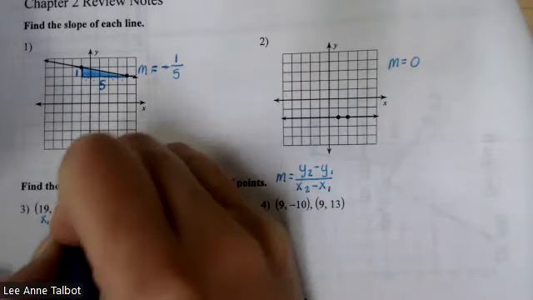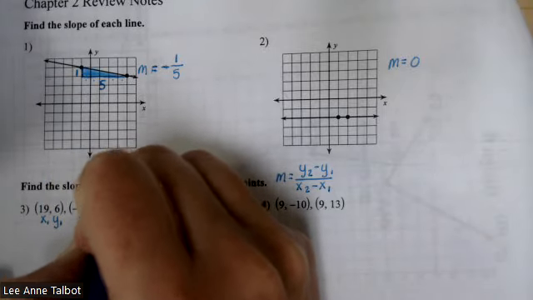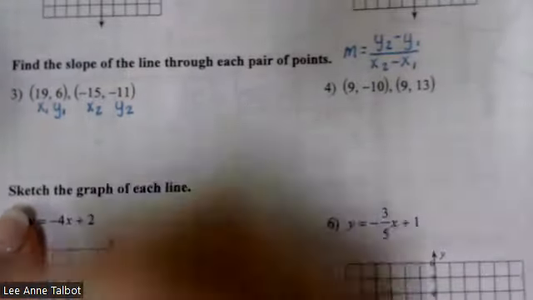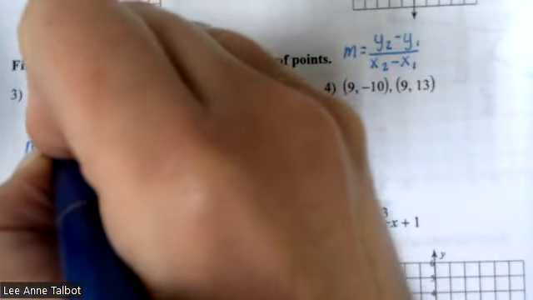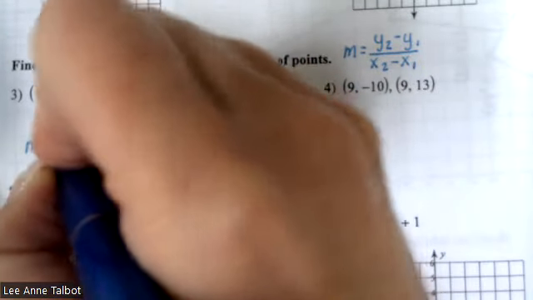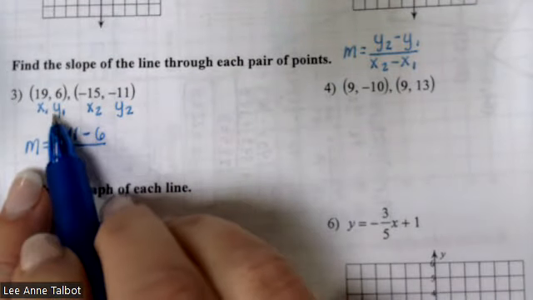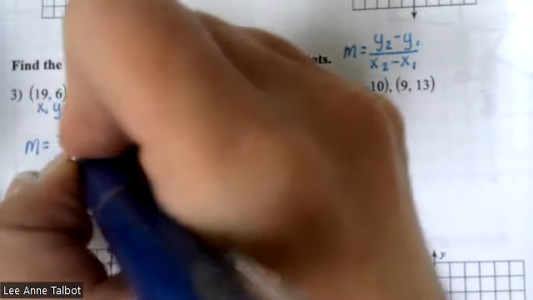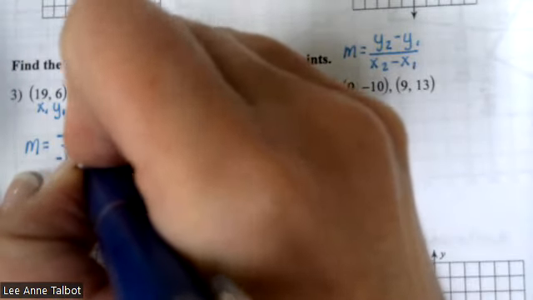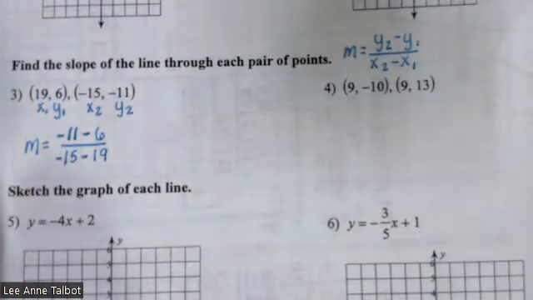X1, Y1, X2, Y2. M equals Y2, which is -11, minus Y1, which is 6, over X2 minus X1.